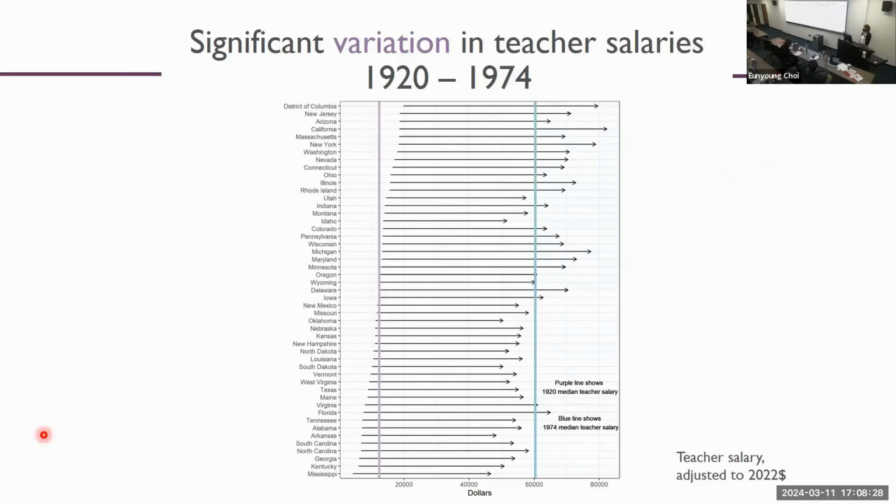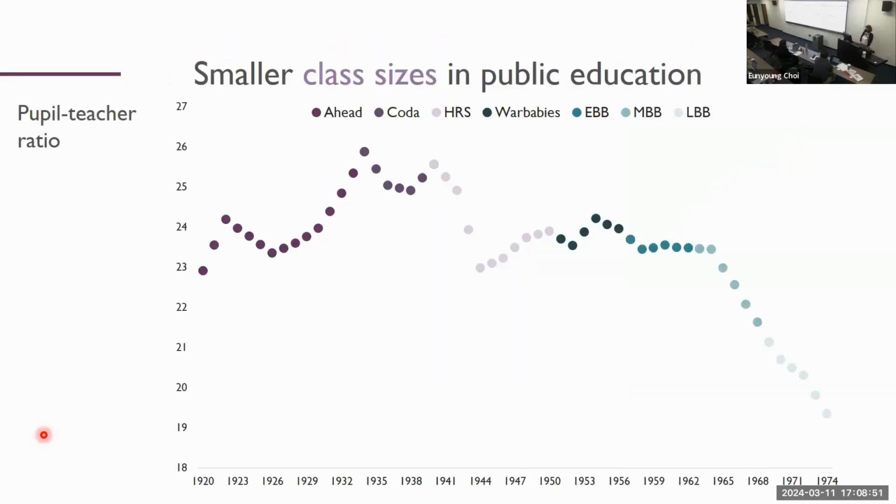Lots of states on the bottom are just hanging out there, not spending that much money on their teachers. I do want to point out that a lot of this movement in the middle is really happening in the Midwest. So again, you can start seeing some regional differences across the US states at this time.